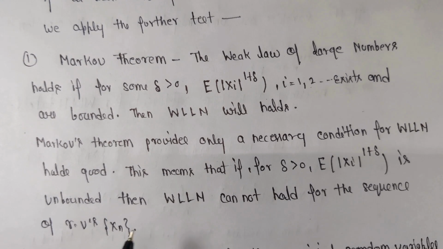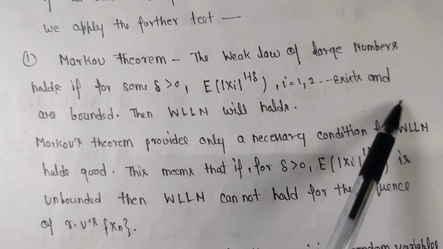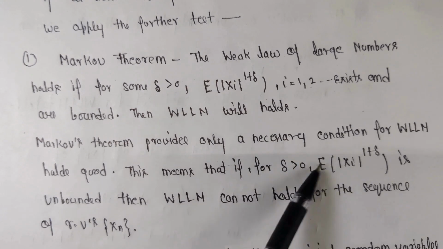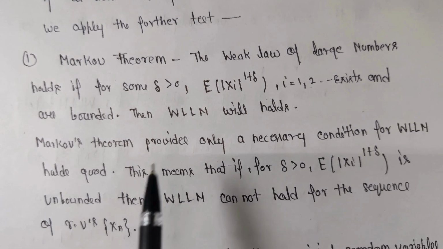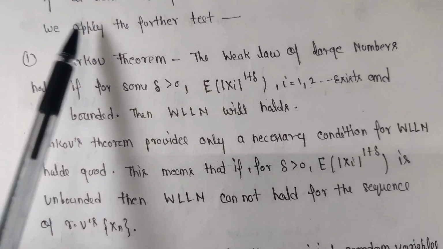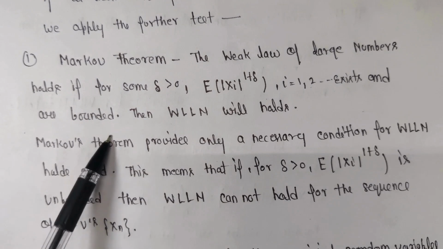Is it clear? That means if the expected value of this quantity exists and is bounded, then the weak law of large numbers will hold, otherwise it will not hold. Is it clear? So this is one criterion we can apply when at least one of the conditions does not hold.